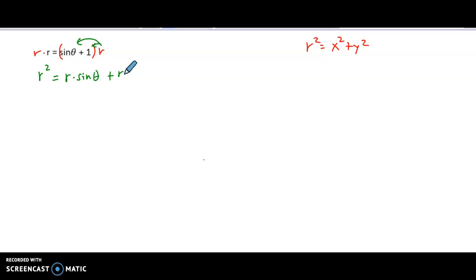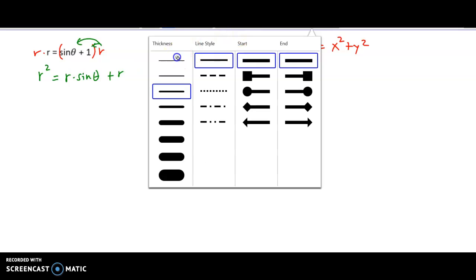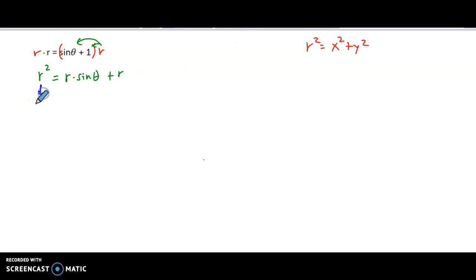So for now, I'm going to change what I can. I know that r squared is x squared plus y squared, and r sine theta is y, plus r. Now we have a problem, right? We still have this r, so we're going to have to square it, but I don't want to square this just yet, because if I do, now I have to FOIL y plus r squared.